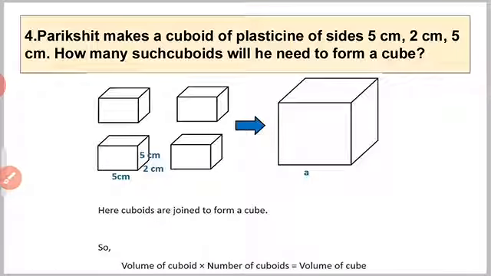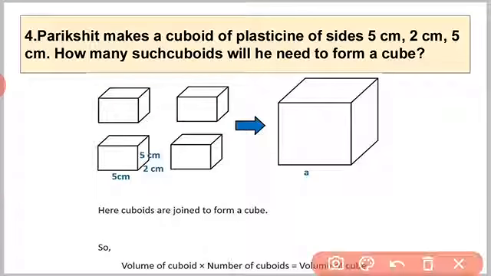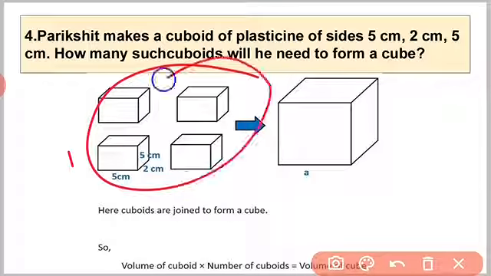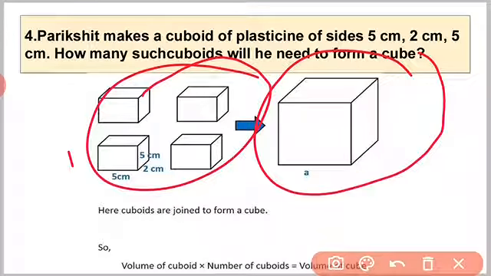So in order to find how many cuboids are required to make this cube, we must know the volume of cuboid and volume of cube. Suppose 4 cuboids are required to make this cube. Then volume of these 4 cuboids will be equal to volume of this cube.